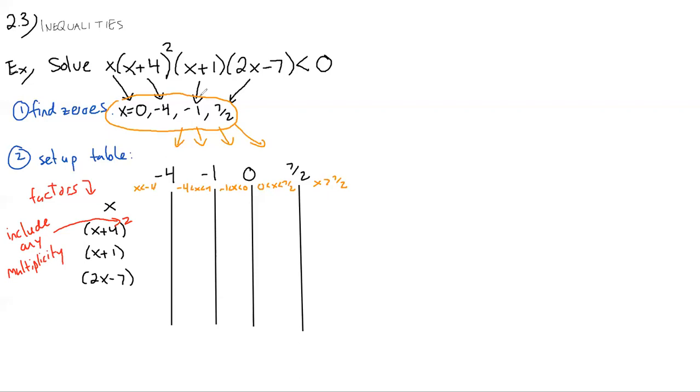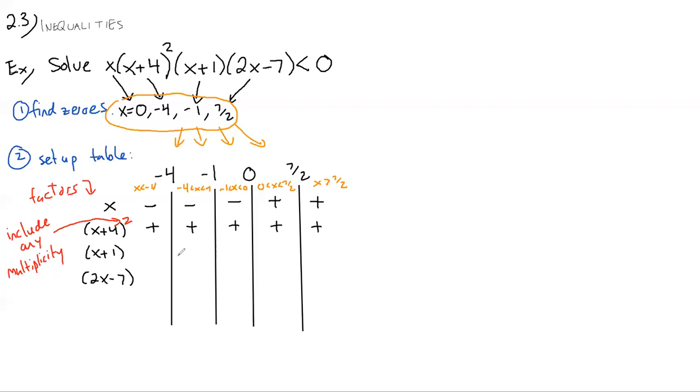So I should be able to do this without necessarily plugging in test numbers. I can just do this in my head. I know that x is negative until I get to 0, and then it's positive. That should make sense. This next one, because of that square there, actually everything is positive. The only place where that's not positive is where it's 0, but we're not interested in that value here.